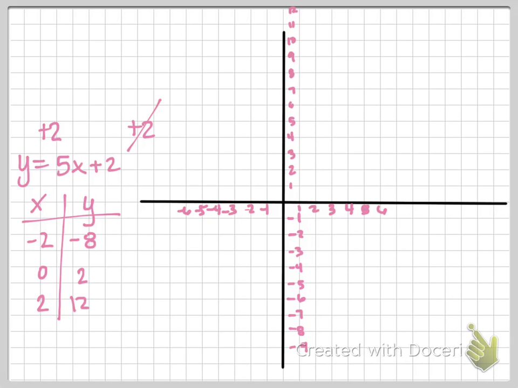And 12 is going to be way up here, and I know I am going to need to have 12 on my graph, so I'm at least going to draw my line up here.